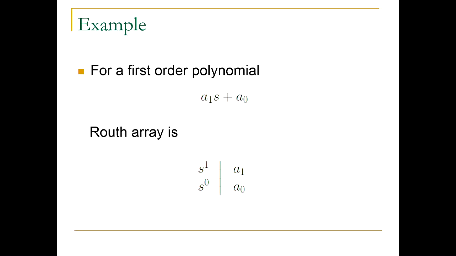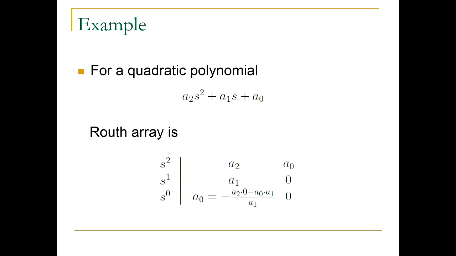So that's the Routh-Hurwitz first column. What is the condition? All terms in this column should have the same sign. We shouldn't have sign changes. Do we have sign changes if both of these are positive? No, we don't. So that was the necessary and sufficient condition for stability of first order polynomials.